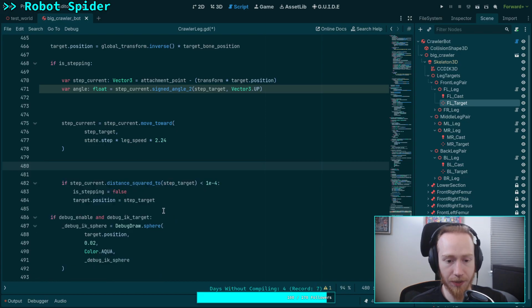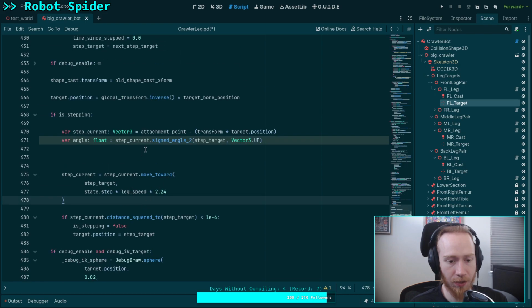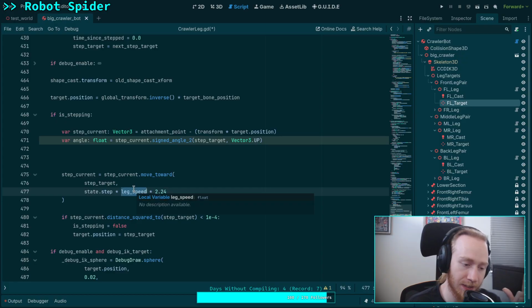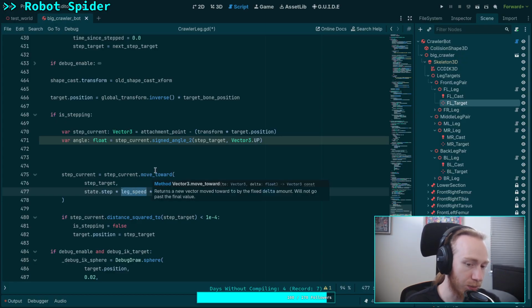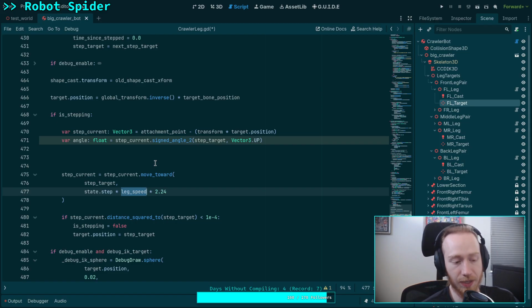I'm gonna delete all of this. Also, I think I realized what multiplied by the step delta was supposed to do. It was supposed to increase the speed for longer steps.